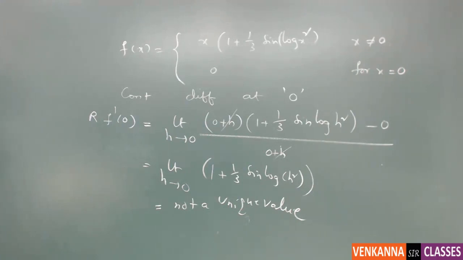Similarly, if we calculate the left hand side derivative, because h gets cancelled while applying the limit, which is not going to give a unique value. Therefore, the function is continuous at the point 0, but it is not differentiable at the point 0. That was the conclusion for this problem.